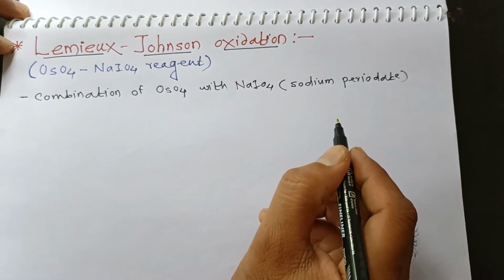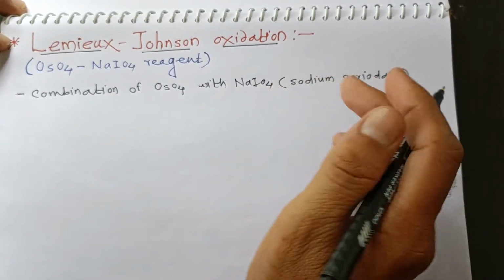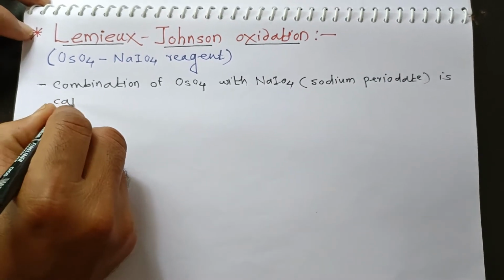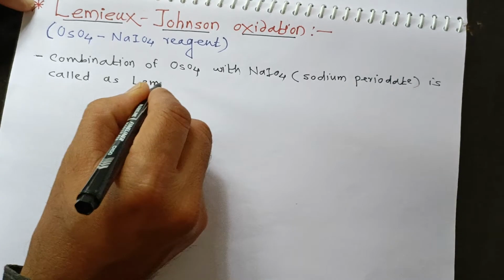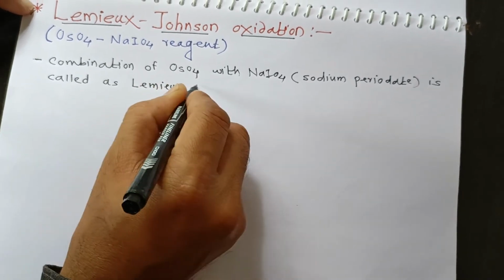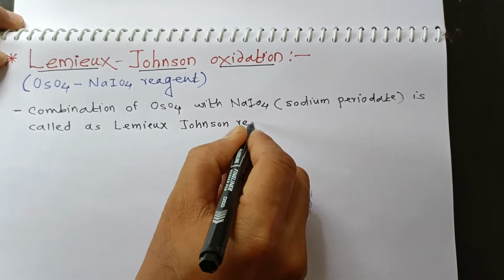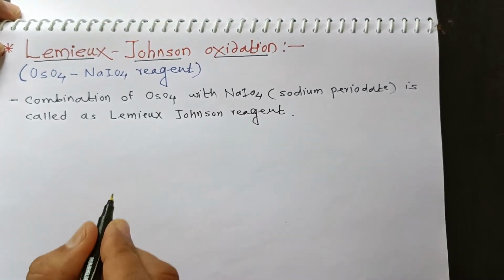Combination of OsO4, osmium tetroxide, with NaIO4, that is sodium periodate, is called Lemieux-Johnson reagent.